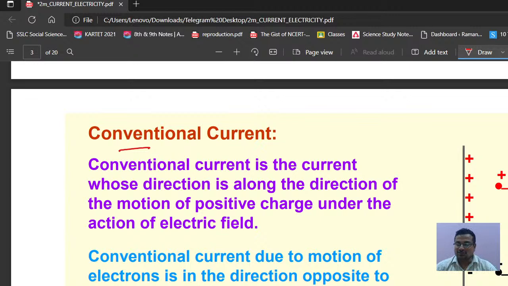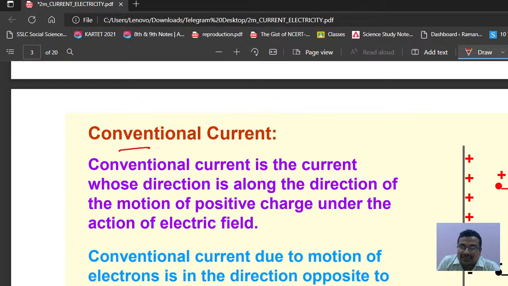The substance is an insulator because current is not passed. We coat the metal with plastic so that we do not feel the shock; that is an insulator. An insulator is a substance which does not allow the current to pass.